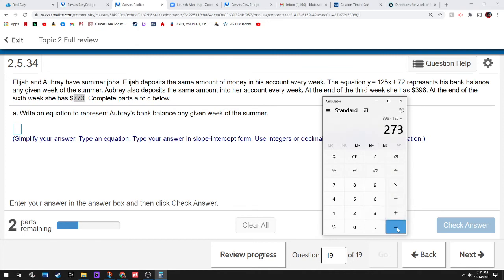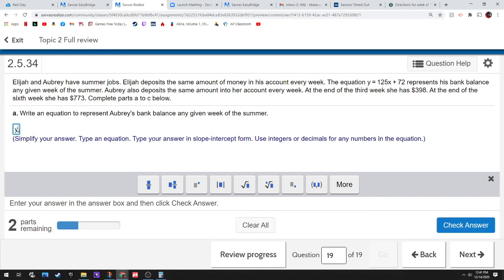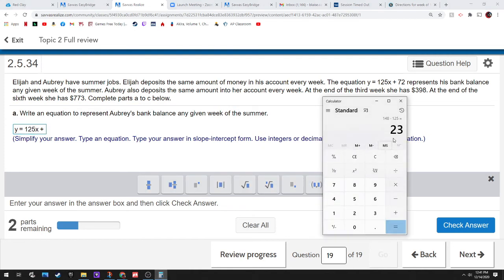We get 273. So that's the second week. That's the first week. But what about before she even started working? She started with $23 at the 0th week. So we could say Aubrey has y is equal to 125x plus that starting amount of $23.